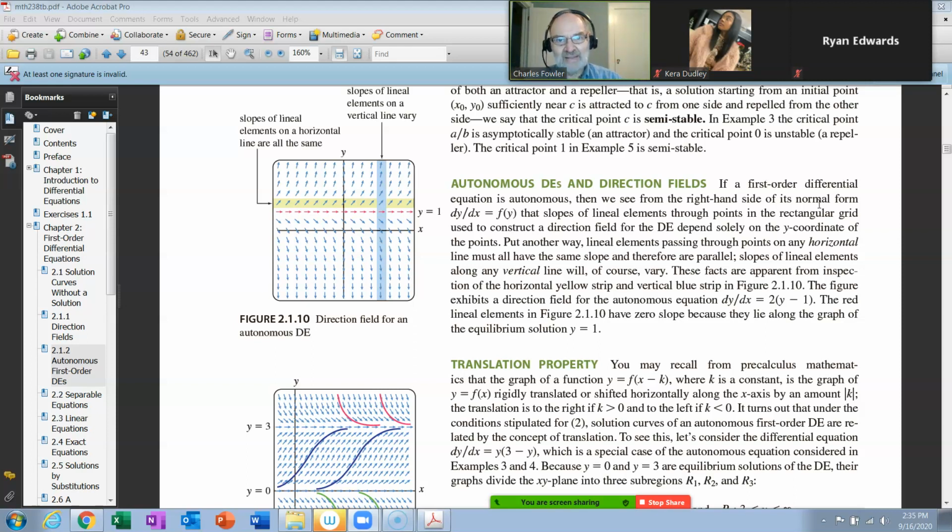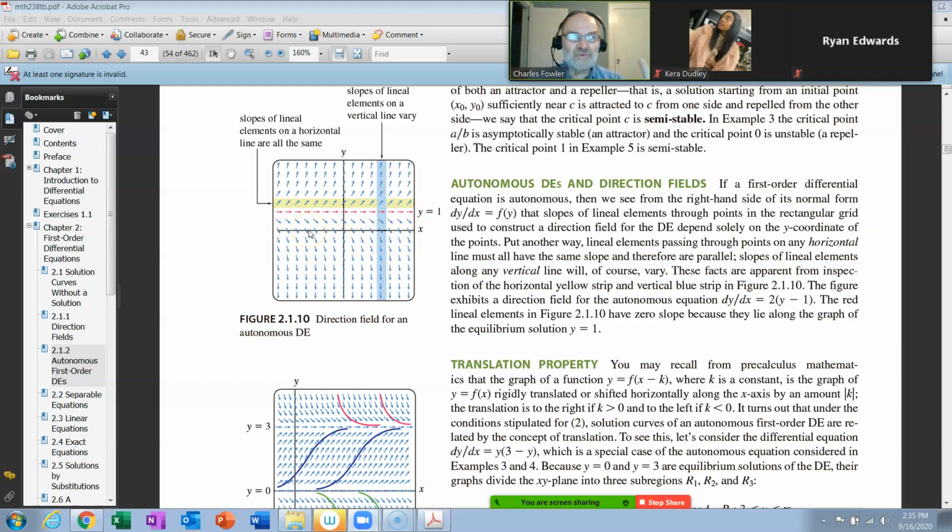Now we're going to tie together two things we've done. Way back in chapter 1, we talked about direction fields, and we let them slide for a while. Then we were talking about autonomous differential equations. Remember, autonomous differential equations have no x dependency.